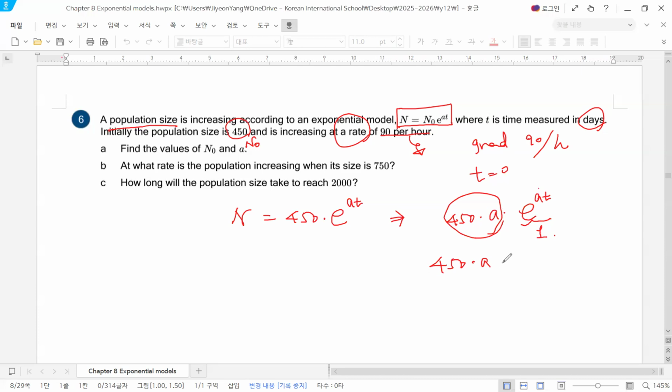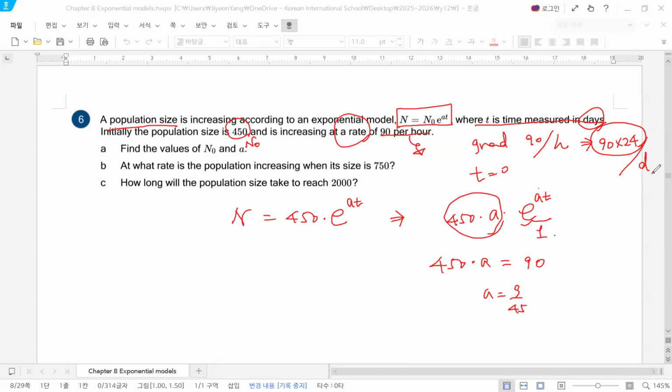The thing is, if you calculate this one as 90, then A is going to be 90 over 450, but it doesn't make sense because it is 90 per hour, but t is measured in days. So you need to convert it into days. Since 1 day is 24 hours, 90 times 24 is the increasing rate per day.